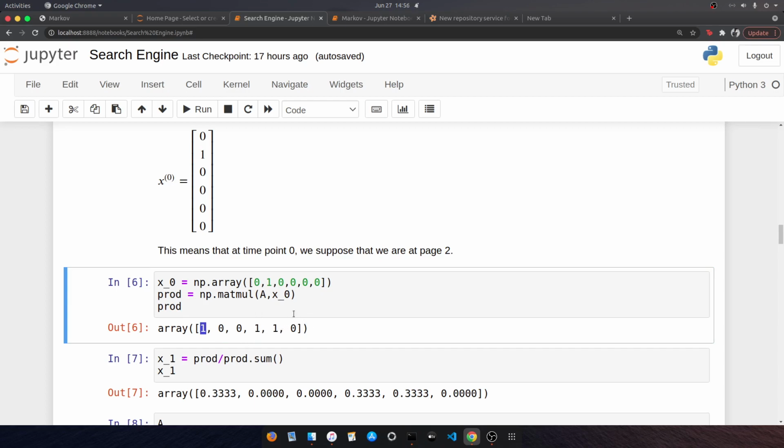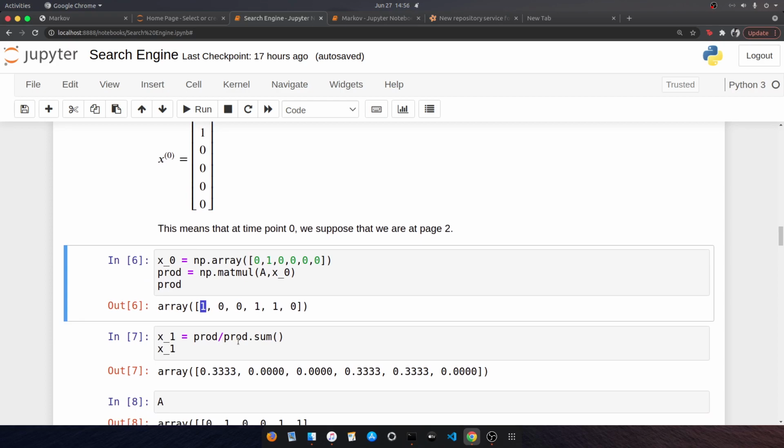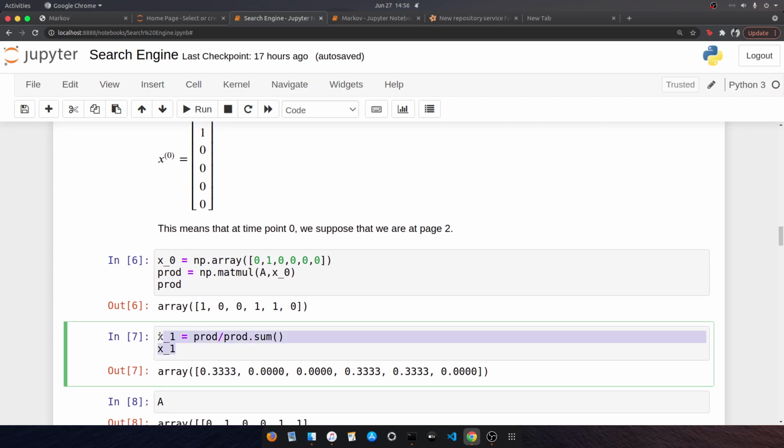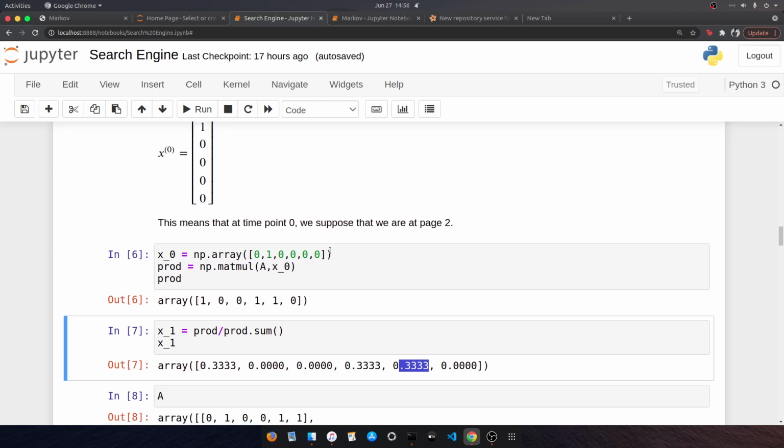But if we normalize that vector, we can view this as a probability. So basically, this tells us that there's a 33% chance that we are at page 0, 1, 2, at page 3, and then at page 4. Later on, we will see the usefulness of this.